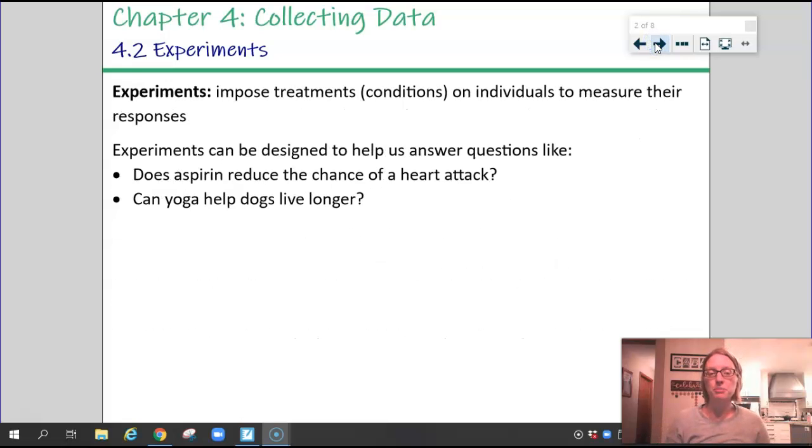If we wanted to be able to prove cause and effect, we would have to design an experiment where we impose treatments on individuals to measure their responses. Now, sometimes experiments are very practical and help, sometimes they're not. Right?